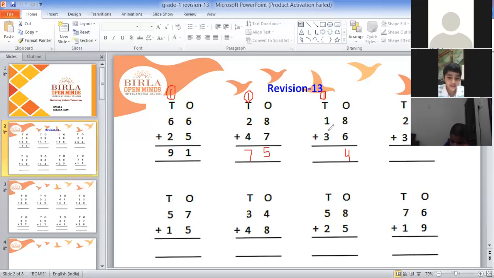So first tell me 1 plus 3, how much? 4. Very good. 1 plus 3 is 4 and 4 plus 1? 5. Very good. So what is the answer? Look at the number. 54. Very good, Siddharth. Now it's correct.